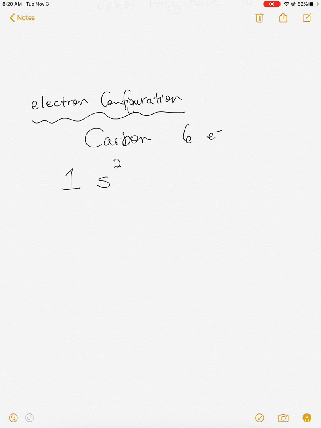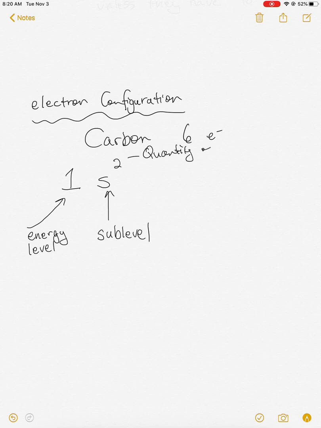We signify that with a superscript. So our electron configuration is going to have the energy level designation, the sublevel designation, and the quantity of electrons. Now that's only 2.